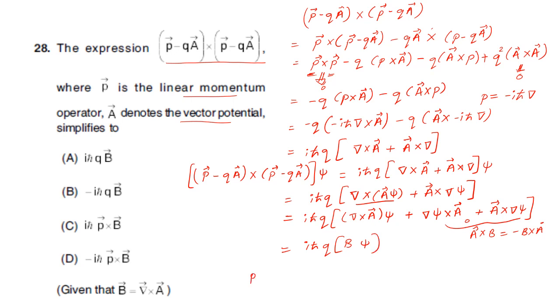Therefore P minus QA cross P minus QA is equal to IH cross Q B. Therefore option A is correct.